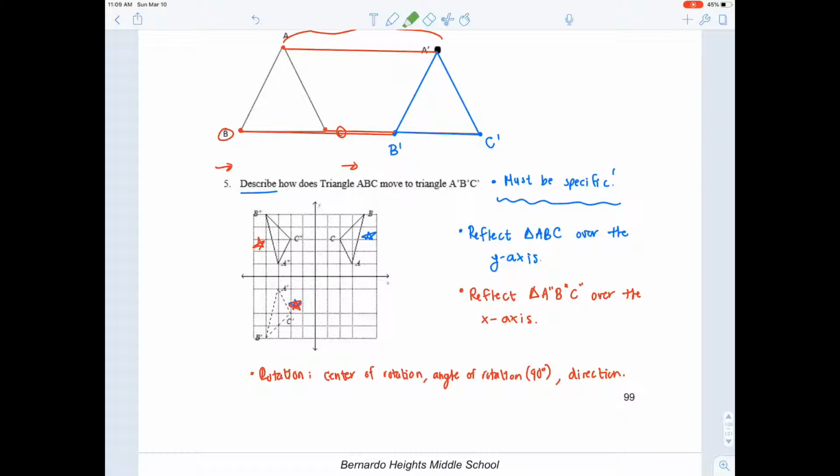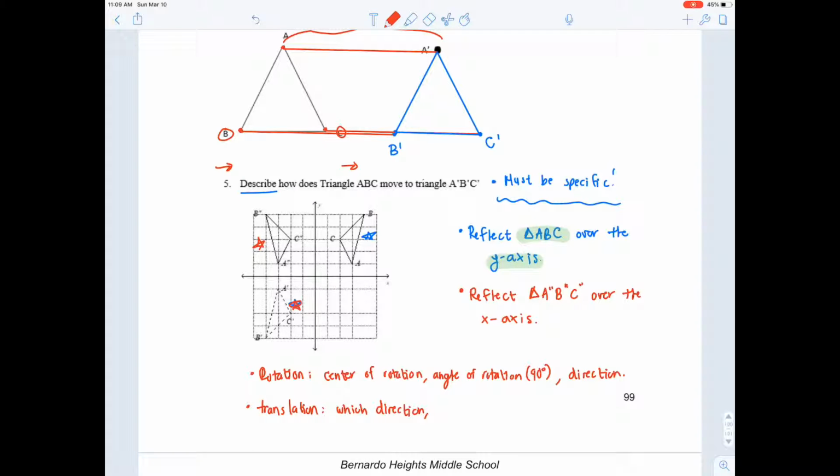For reflections, I need you to list the shape, and I need you to tell me where is your line of reflection, where's your line of symmetry, okay? For a translation, for a slide, I need you to tell me which direction, right?